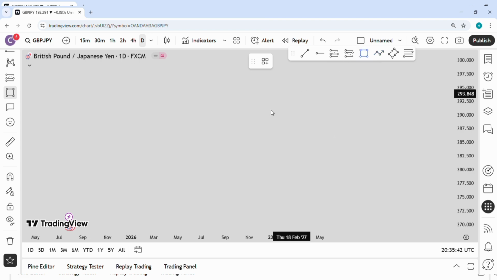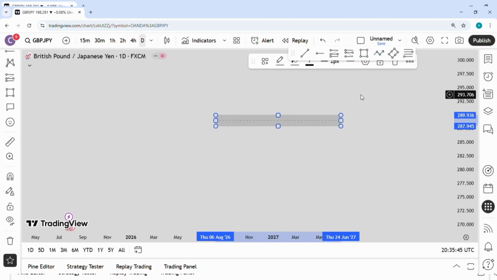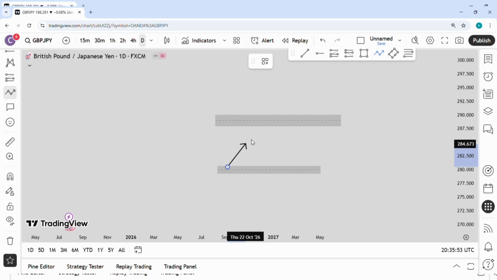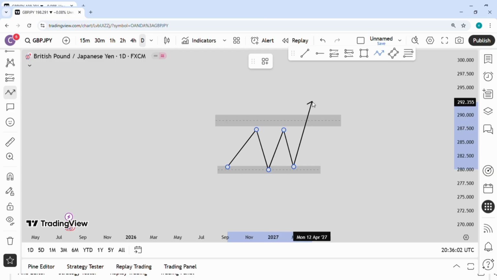For example, this is a market range, and this is another market range, and this is the market movement. As a retail trader, once you see something like this, boom, you'll be like, yes, this is a breakout.